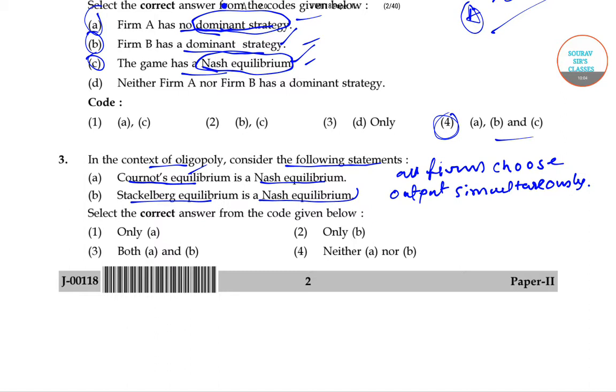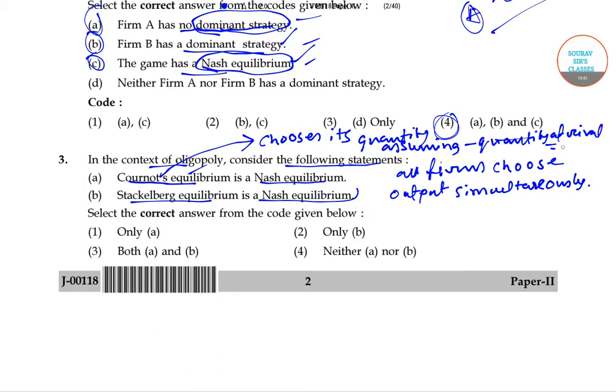So what is the Cournot assumption? The assumption for the Cournot model is that each firm chooses its quantity assuming the quantity of its rival to be constant.